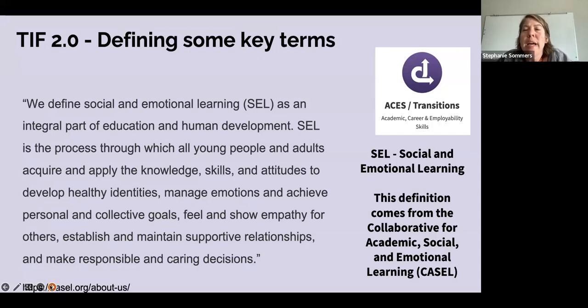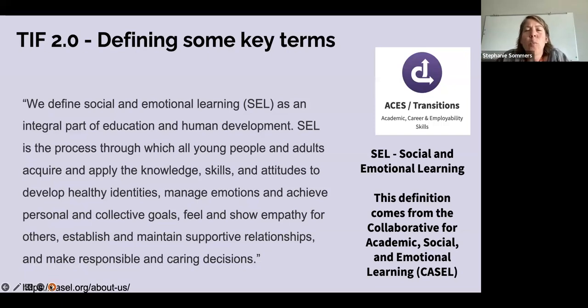We also know that stress and anxiety impair our ability to learn. When our body feels stressed, our brains and our bodies release hormones that make it more difficult for us to receive and retain new information. And so social and emotional learning is sort of a response to some of those things.